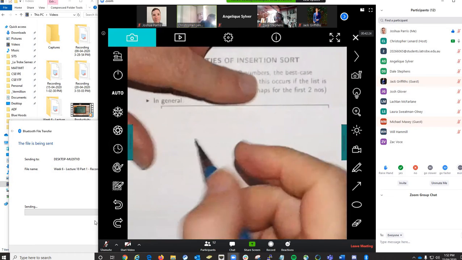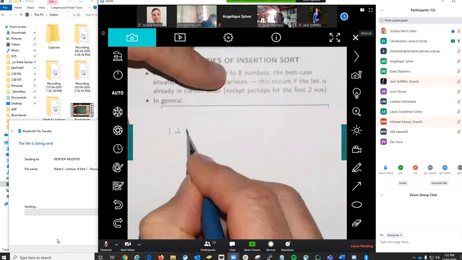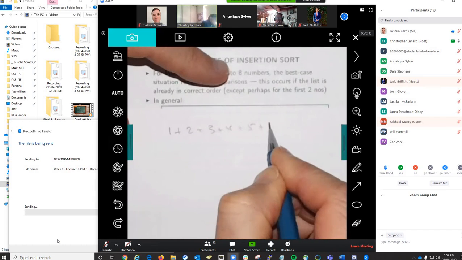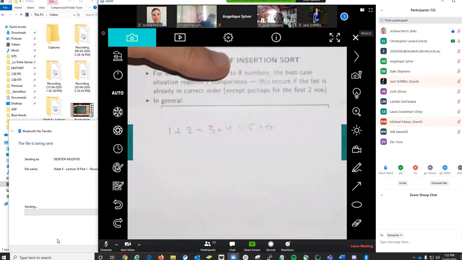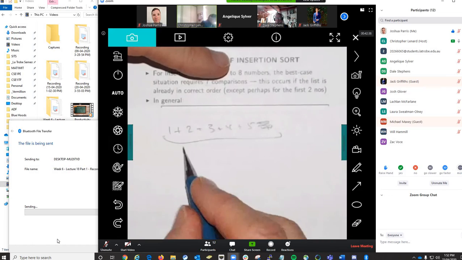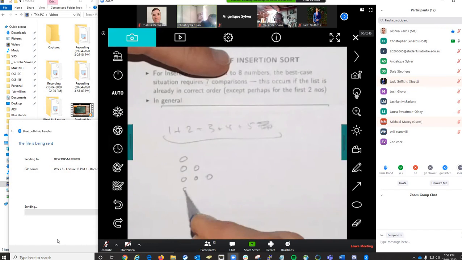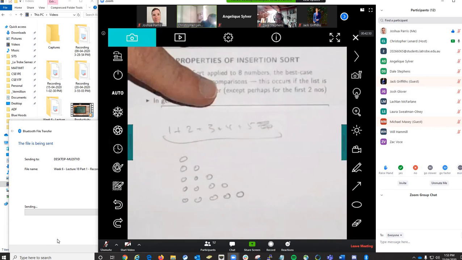Let's see. Suppose I ask you, what is 1 plus 2 plus 3 plus 4 plus 5 plus 6? Let's just go that far. Actually, let's even just go that far. Well, one way of doing it is 1 plus 2 plus 3 plus 4 plus 5.